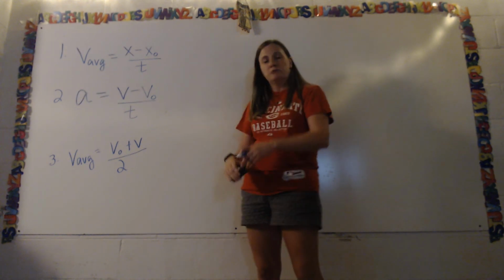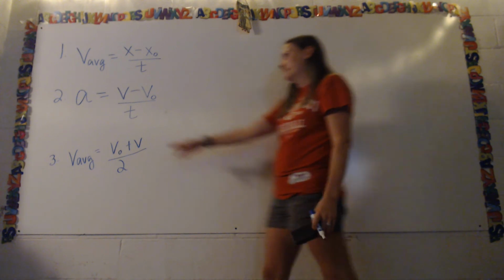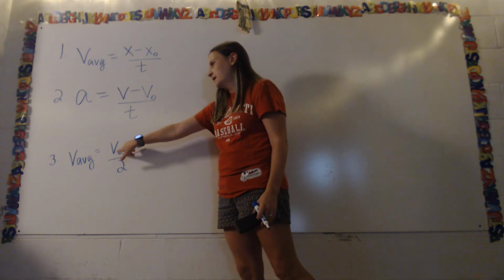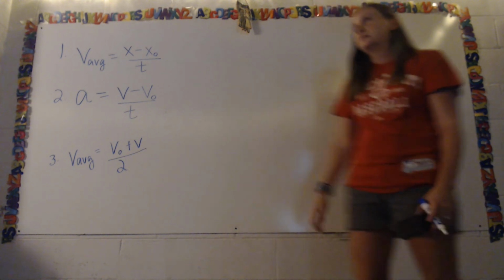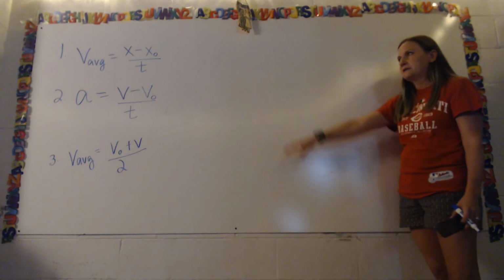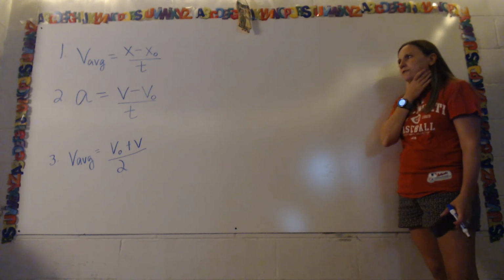So again, if you picture one of the straight lines on my velocity time graph, then we can say your average value is just the initial plus the final divided by 2 to find that middle ground.